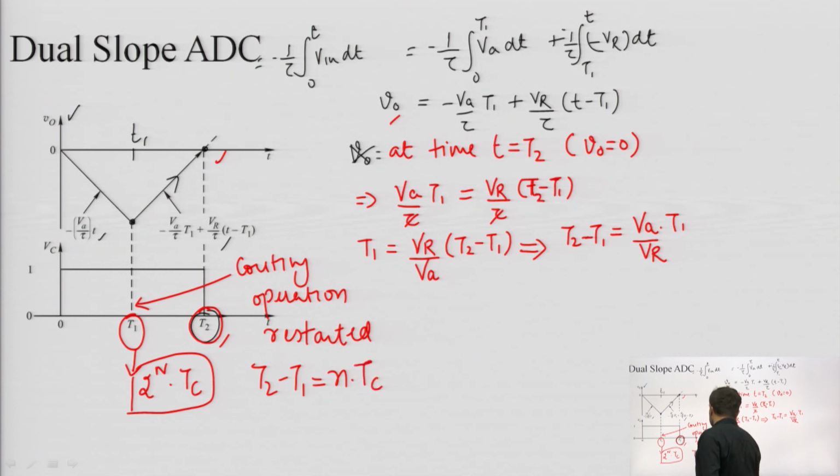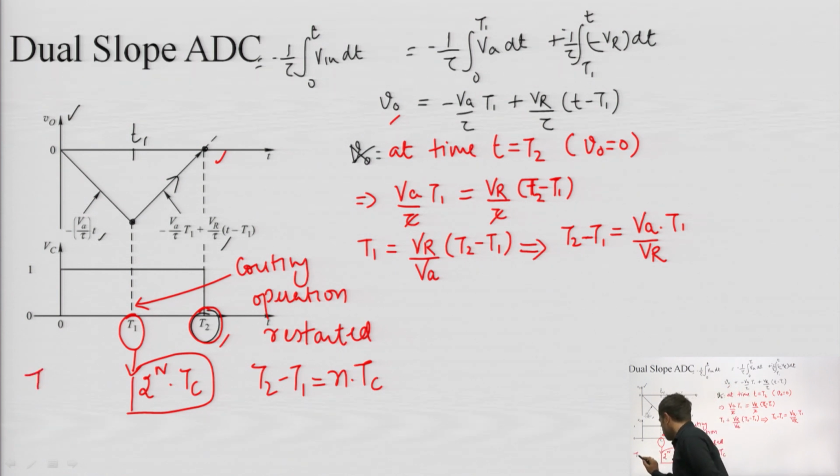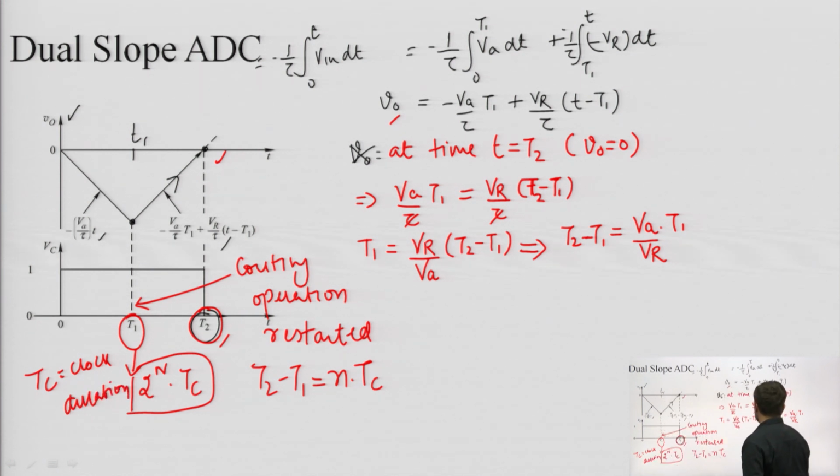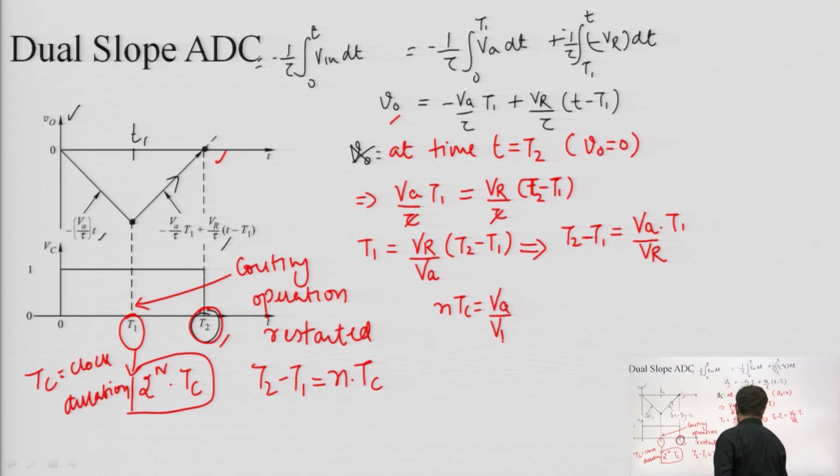So t2 minus t1 would have been equal to n Tc, where Tc is equal to the clock duration. So let's replace these values. t2 minus t1 is equal to n Tc, which is equal to VA by VR into 2 raised to power n Tc. So Tc gets cancelled out.